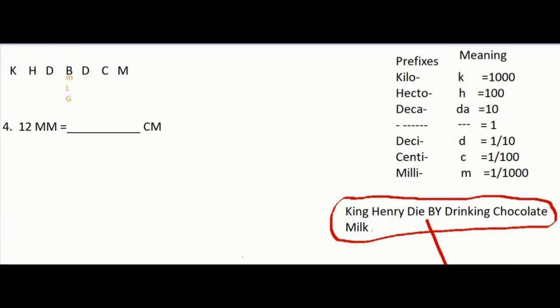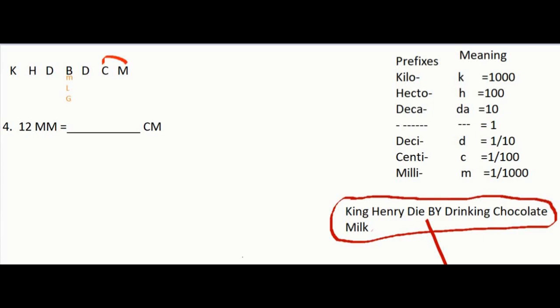Here we have 12 millimeters and we are going to convert this to centimeters. What do you notice? We have a smaller unit and we are going to convert a smaller unit to a bigger unit. Therefore, we must divide or move to the left. So we're going to start from milli, which is M, and then we are going to centi, which is C. So it's going to be one movement on the left.